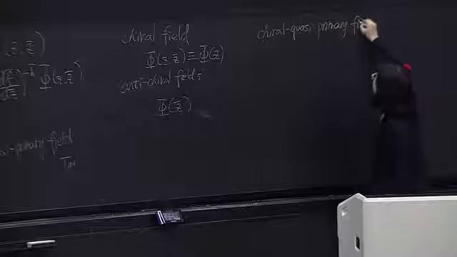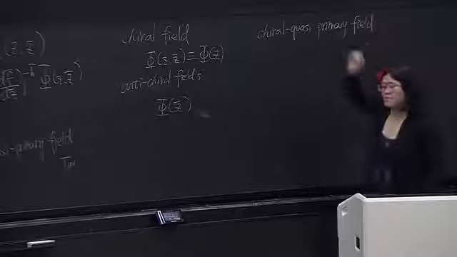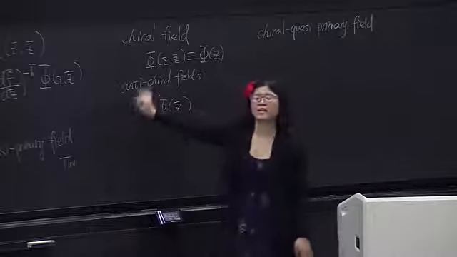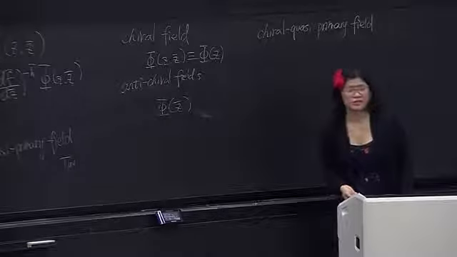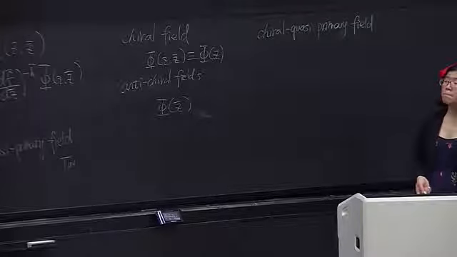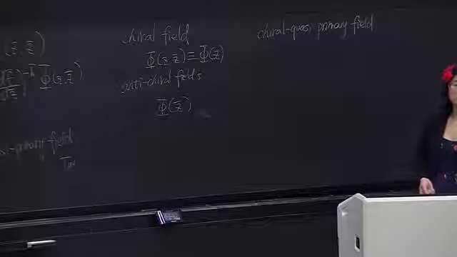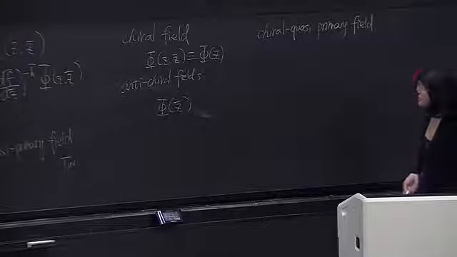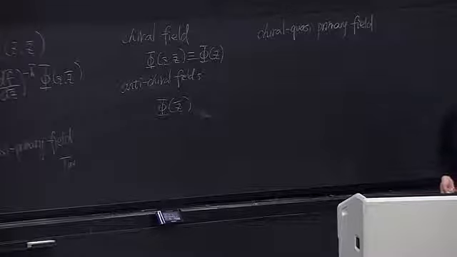And then you can just imagine that the anti-holomorphic part would work exactly the same way, with everything having bars on it. Okay? So what do we know about these primary fields? If you participated in the tutorial last Thursday, you'll realize these guys are really nice.